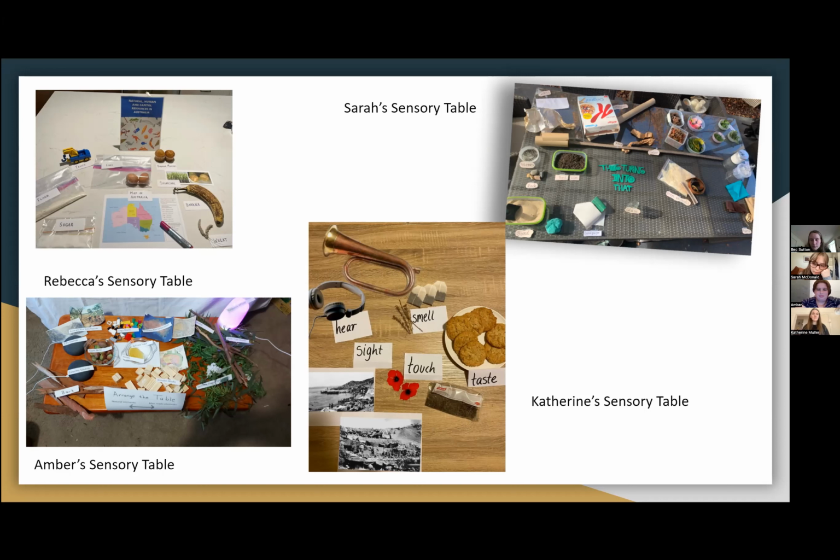I love all the different elements of your table, and it seems like it would be super inclusive. So can you tell us how you've ensured that all students can participate with the table? Absolutely. When we're doing this table, obviously I want to incorporate all the senses to allow students who have sensory processing issues, or who are blind or deaf, to all participate in some aspect of the table.